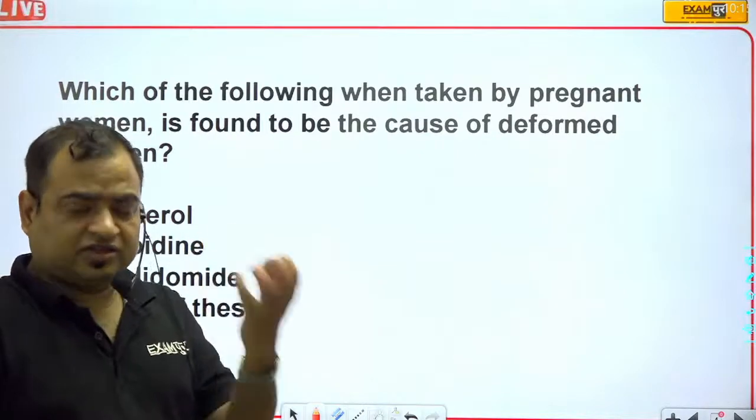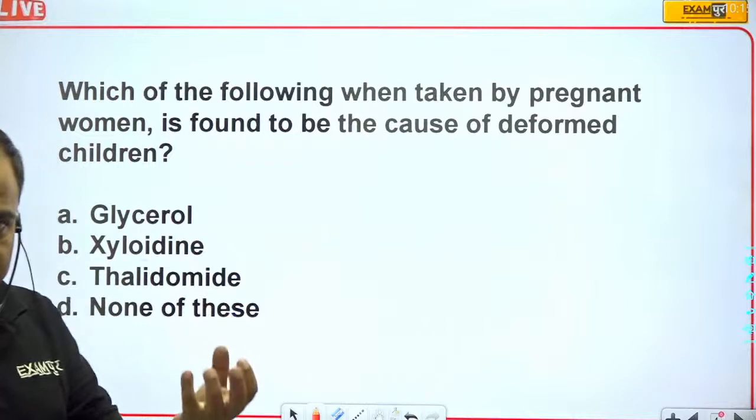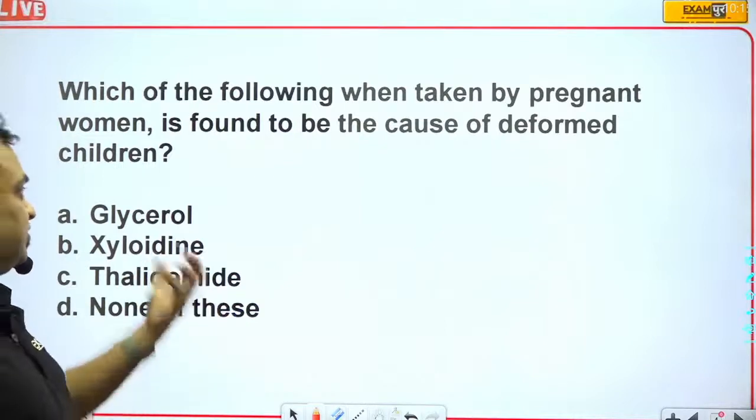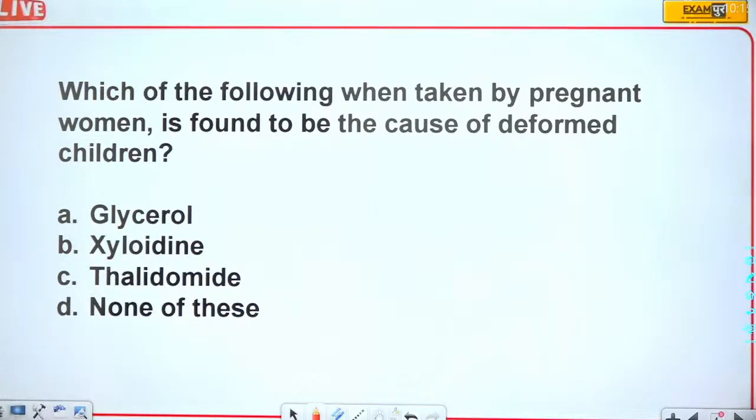There is a substance, and if a woman swallows it, then obviously deformed children may be born. So what is the correct answer? Glycerol, xylodine, thalidomide, or none of the above? Which one is the correct answer? Tell me.